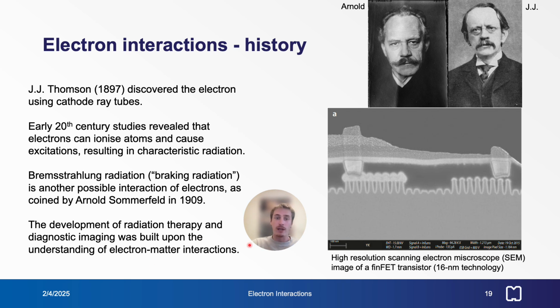The development of radiation therapy and diagnostic imaging was built upon the understanding of electron-matter interactions, and it is also the basis for high-resolution scanning electron microscopy, as shown here, which can resolve objects of the order of nanometers.